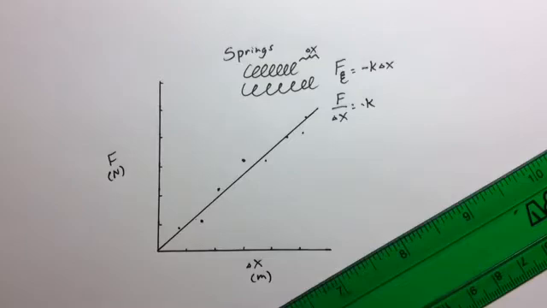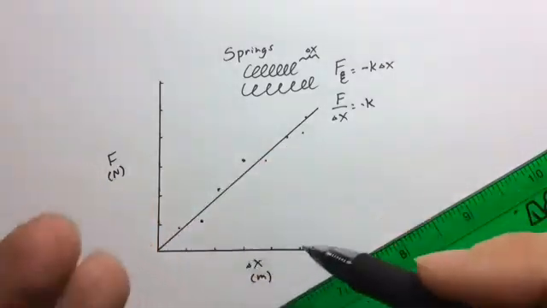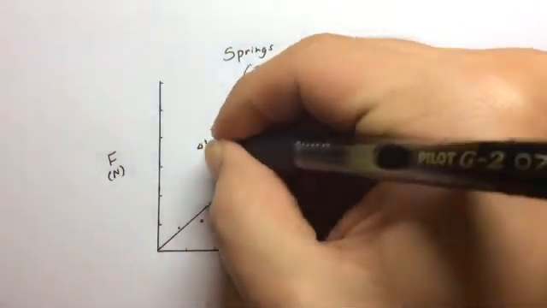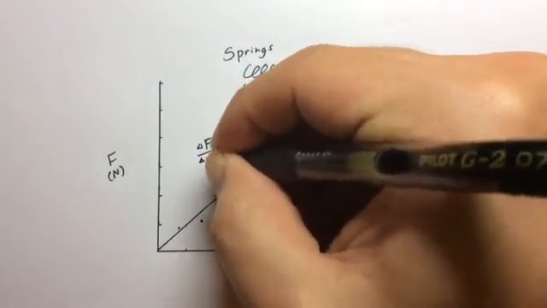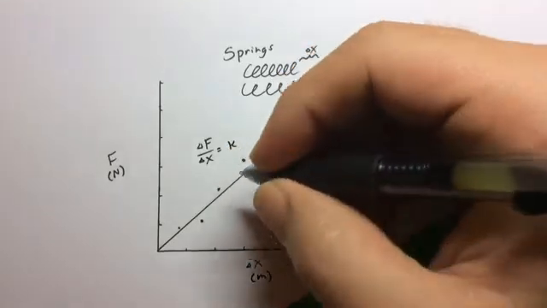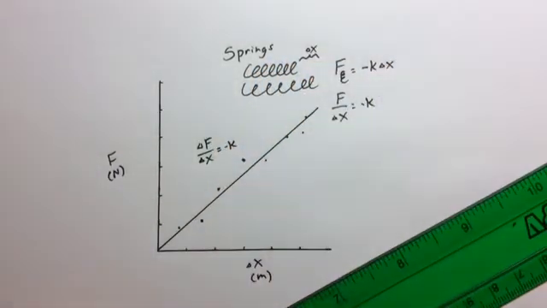Okay? So then, if you found this line and you knew numbers on these axes, you can find the slope of this, which would be a change in f over a change in x. It's a rise over run, and that should give you a k value. Okay? And it won't come out to be negative, but you can just apply that negative there. The k value is a positive number. It's just a magnitude. It's how much. All right? And that's how you do it.